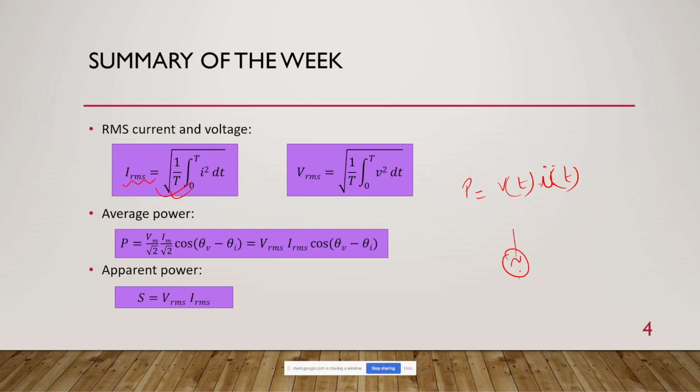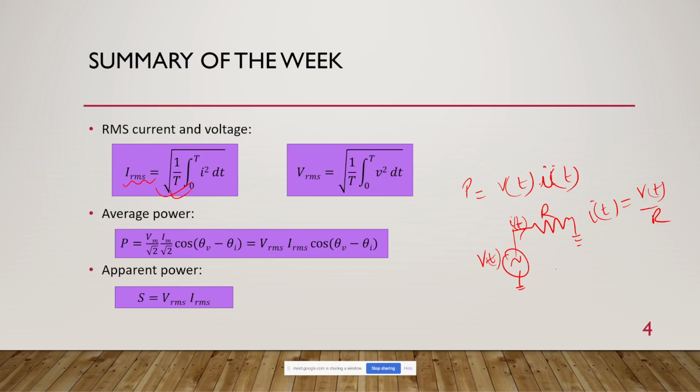Suppose you have some sinusoidal voltage source connected to a resistor like this. This is V of t, and the current flowing through it is I of t. In this situation, the current will be equal to V of t upon R, right?